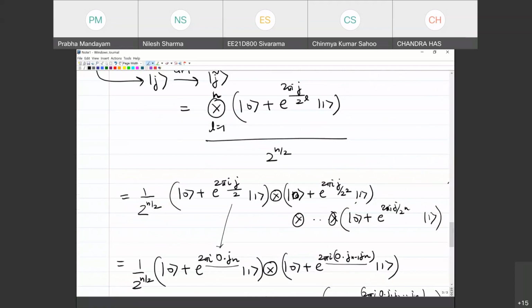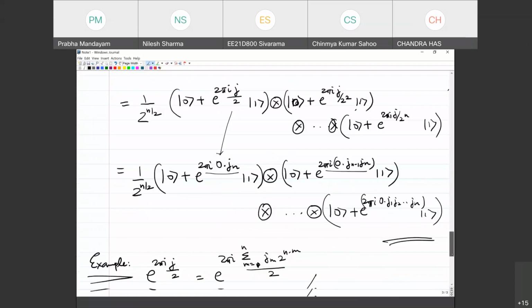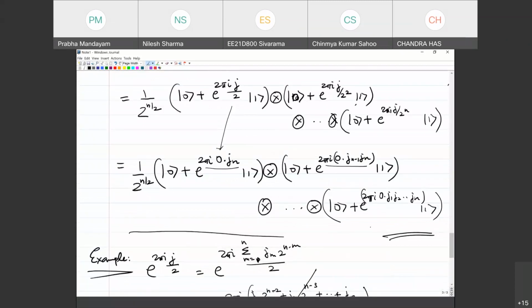So from the first bit onwards, whichever you call the most significant or the least significant bit, all the bits will contribute. j1 through jn will contribute as far as this phase is concerned. Okay. So that is how we end up with this product form. Is the idea clear?